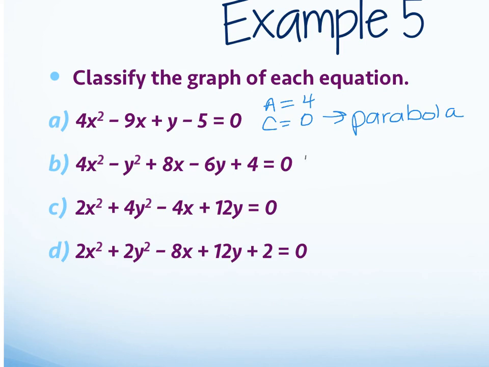For B, the A is what? 4. The C is? -1, which product is -4, which tells you it's a hyperbola.